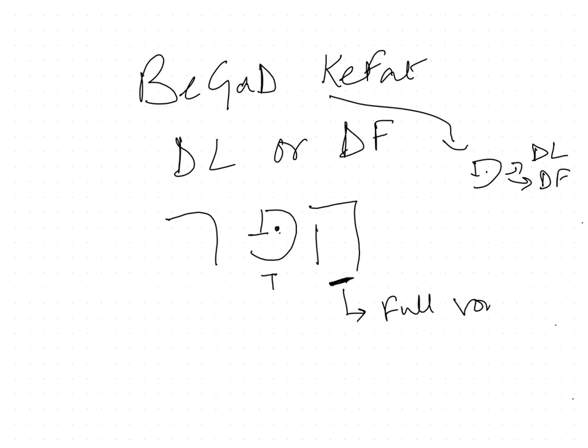And therefore this is not a Dagesh Lene, but a Dagesh Forte because it is immediately preceded by a vowel. Remember what I said before, a Dagesh Lene will never be preceded by a vowel. A Dagesh Forte will always be preceded by a vowel.